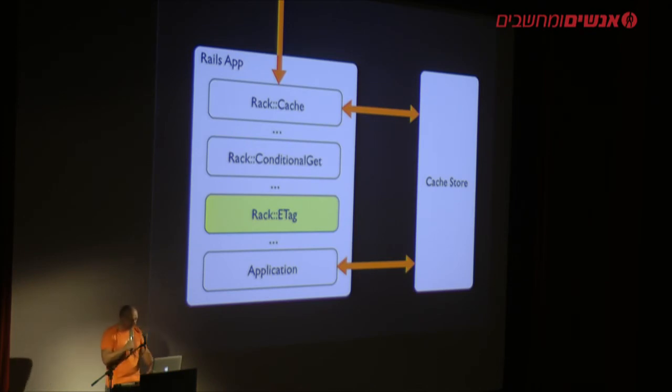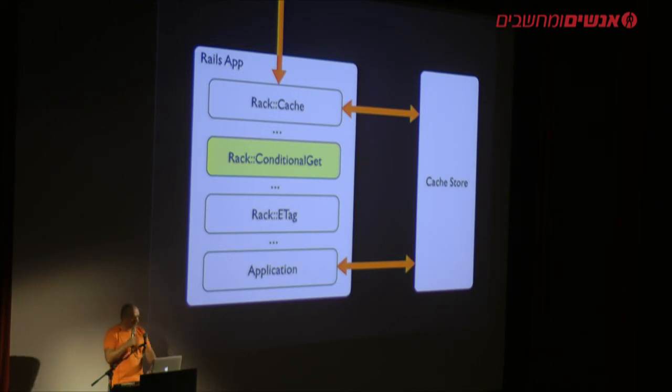Okay, so let's first look at the Rack stack. Rack::ETag is a middleware that will look at your application response. If you didn't set the ETag header, it will MD5 the content of your response and set it as the ETag. Really simple. Conditional GET: when it gets a response from your application, it looks at the request.